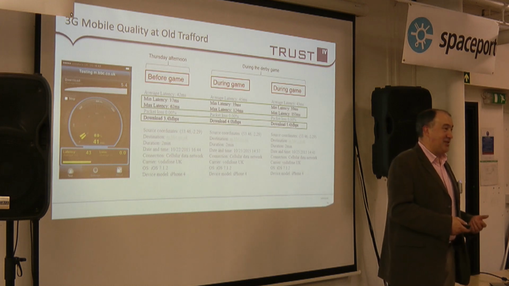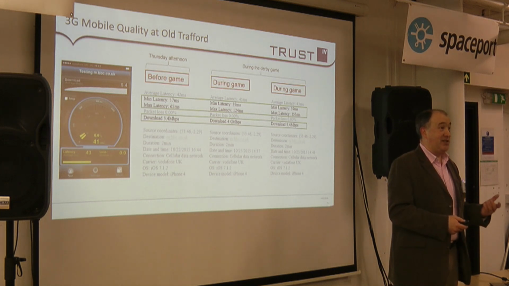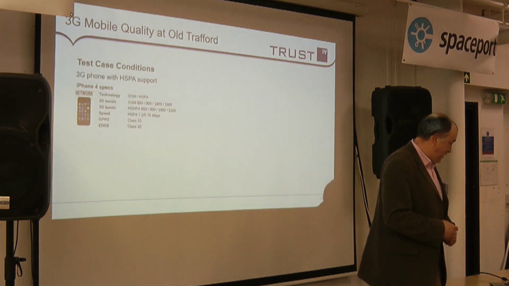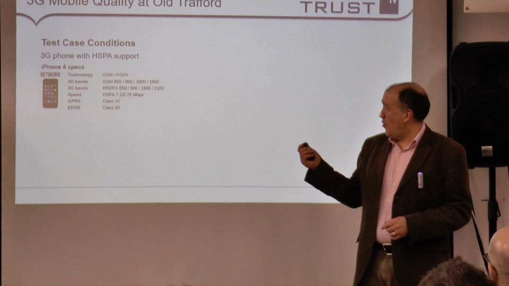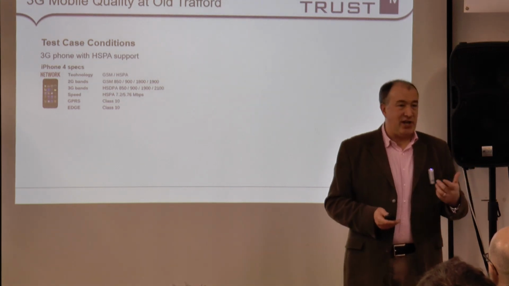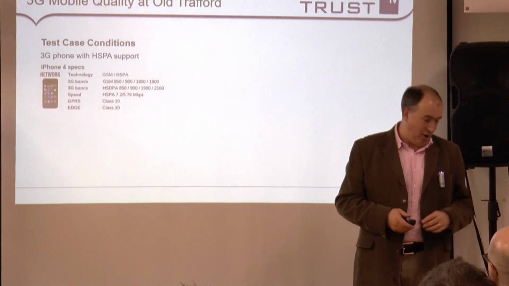So it highlights the need to actually take measurements and not just assume it's going to be slower or it's going to be faster. You actually need to go out and get real metrics before you try and put them into your tests. Just to go into a little bit more detail about what we used, as I mentioned, it was an iPhone 4, which has got this thing called HSPA, which is basically one up from 3G, so it's 3.5G or thereabouts.